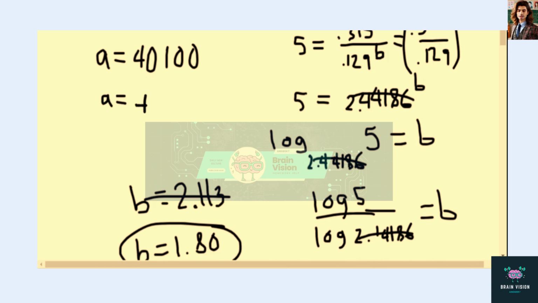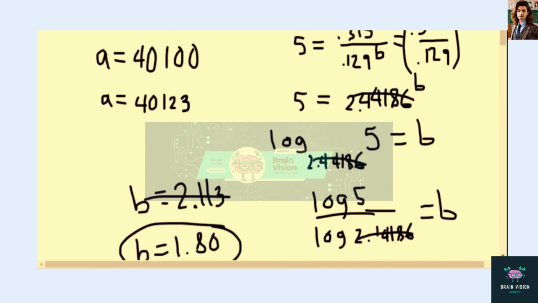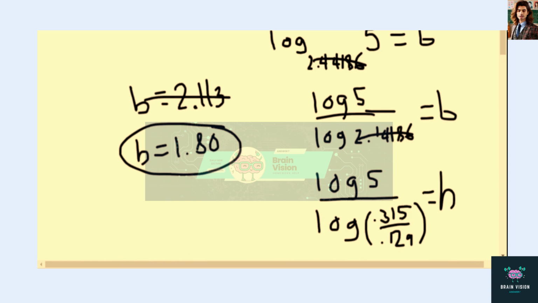However, 40,123 would be preserving more digits, and 1.8028 is preserving more digits. All right, let's keep going now.